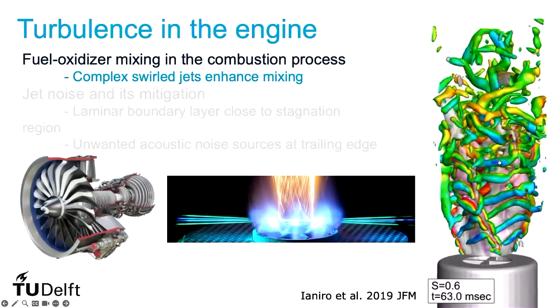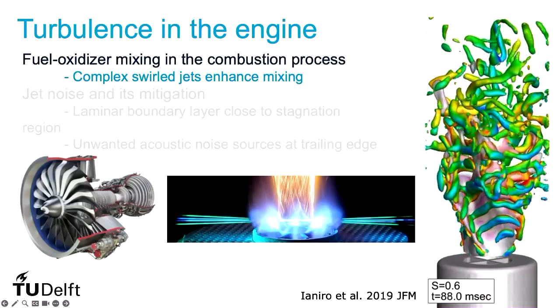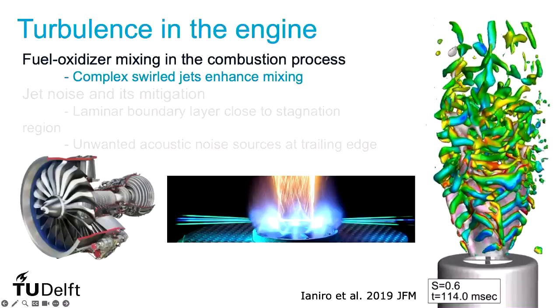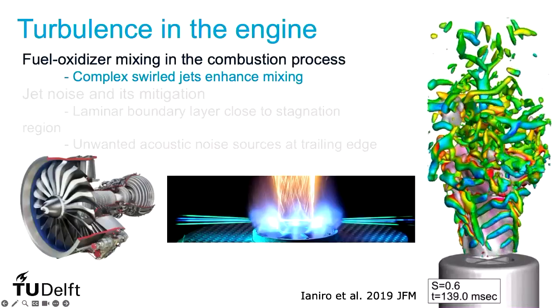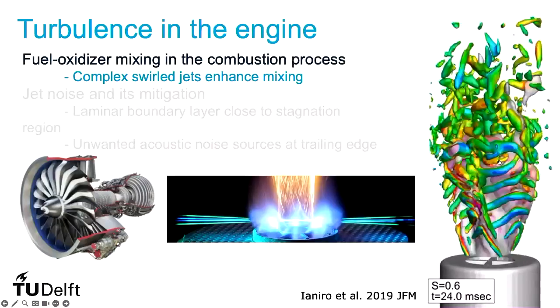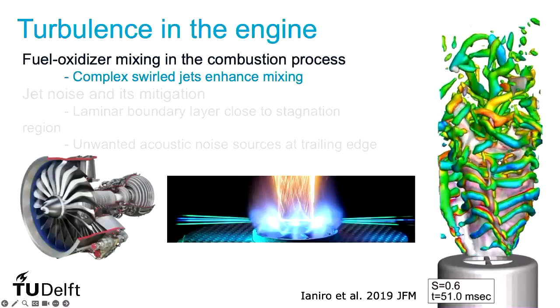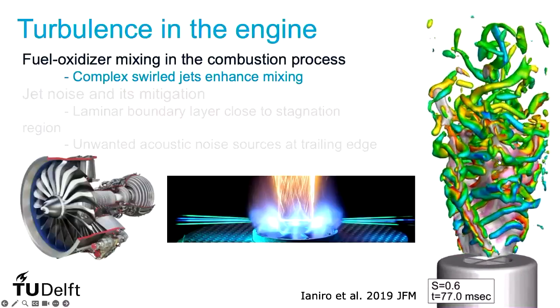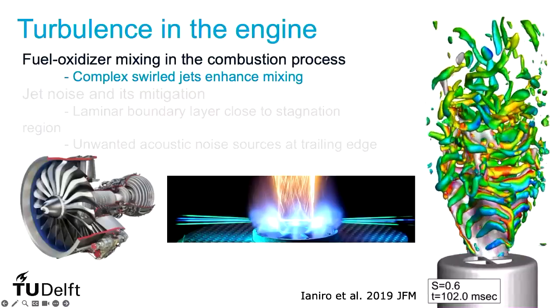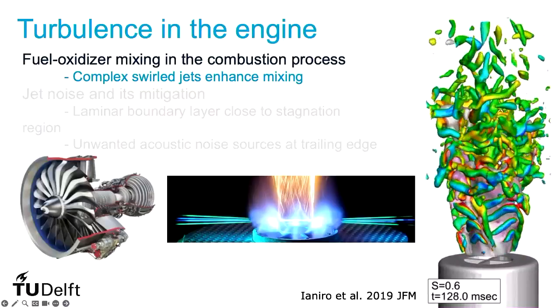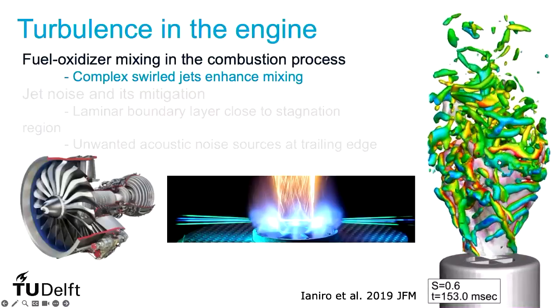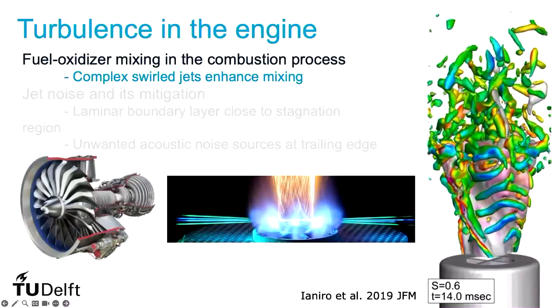This is the vortex skeleton. In gray, it is the jet, this swirled jet, and then these colored isosurfaces are isosurfaces of Q criterion colored by the axial velocity. So we can see quite a beautiful arrangement pattern of Kelvin-Helmholtz instabilities on this highly distorted flow.